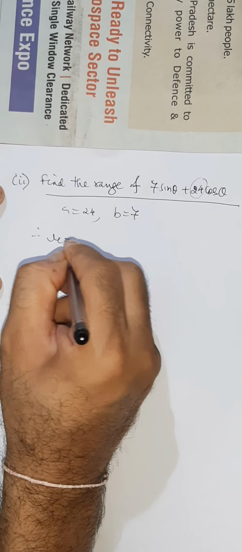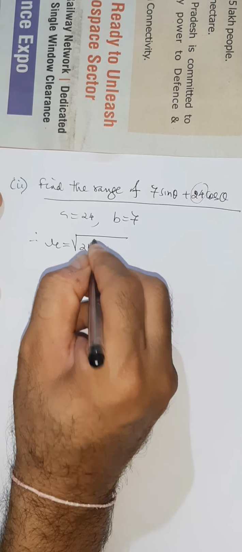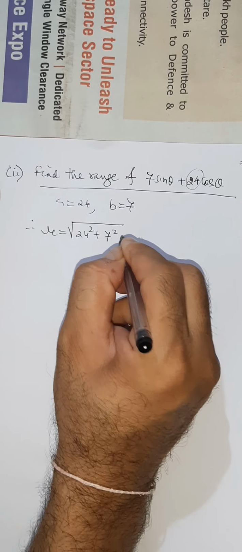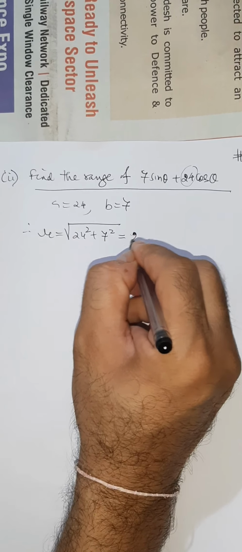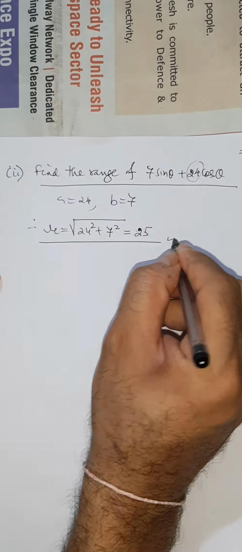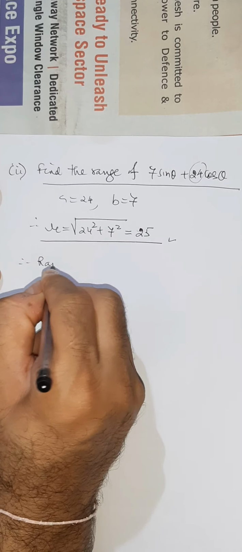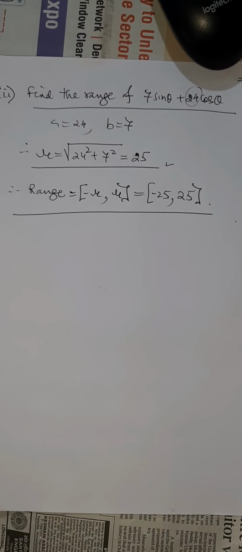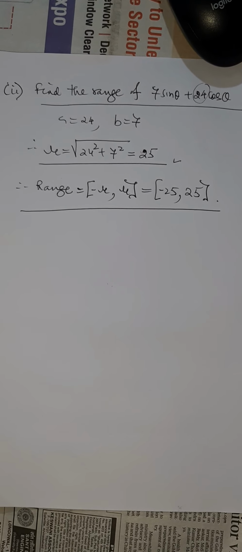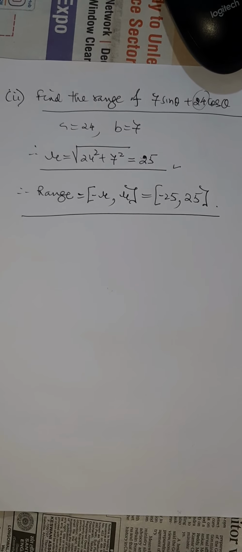So what would be r here? That is root of a square plus b square, 24 square plus 7 square. You know this is just 625, so this is 25. So therefore what is range? Range would be minus r to plus r, that is minus 25 to plus 25.